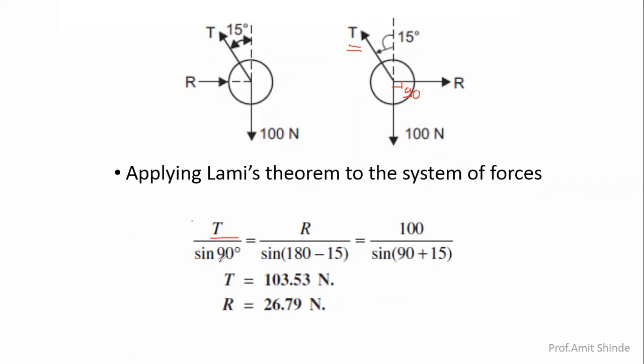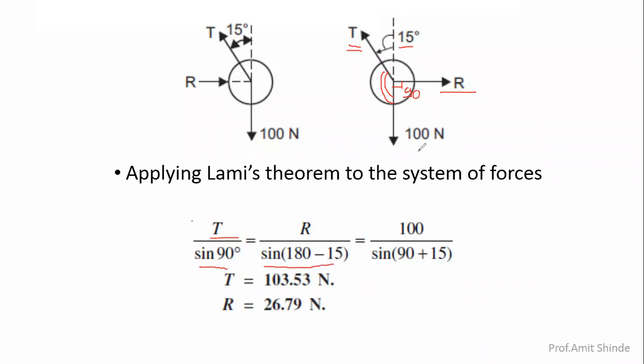That's why T upon sine 90. Now here, R is proportional to the sine of the angle between these other two forces, this angle. How to find this angle? As we know, this one is a vertical line and this angle will be 180, it means 180 minus this 15 will give the angle.